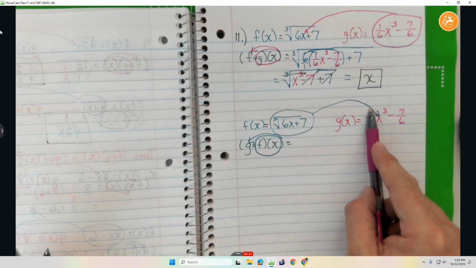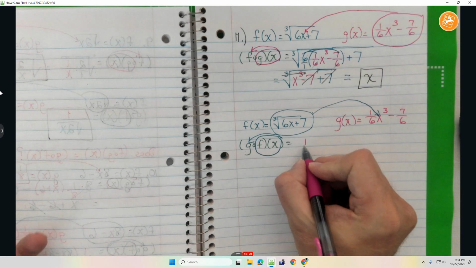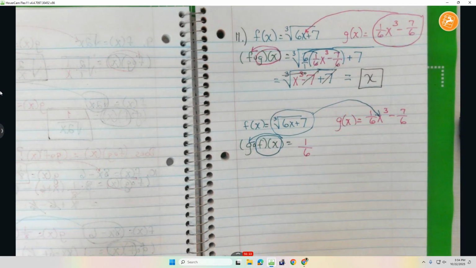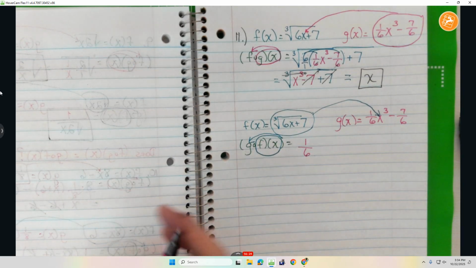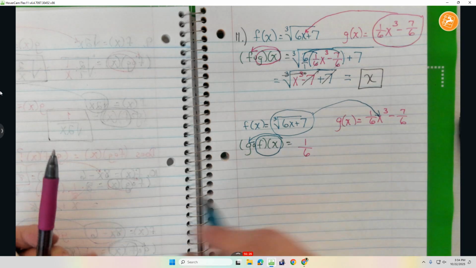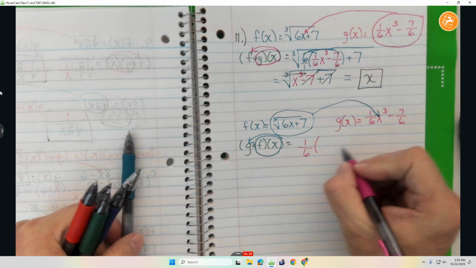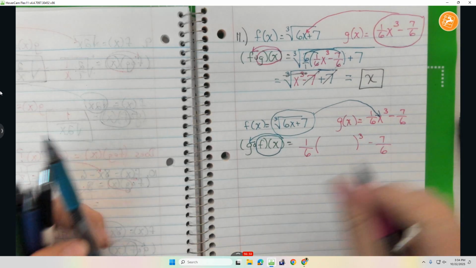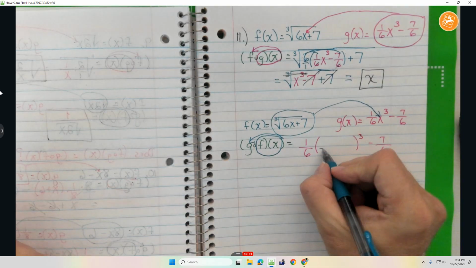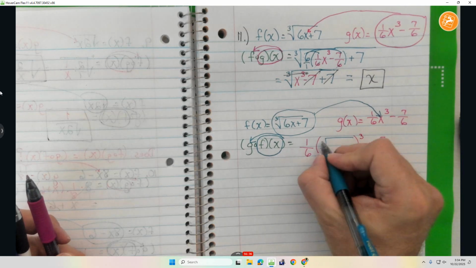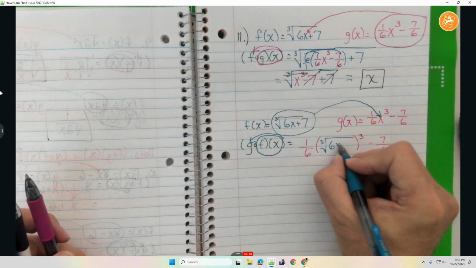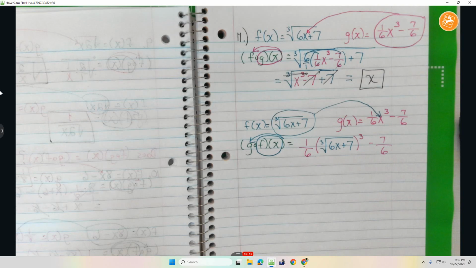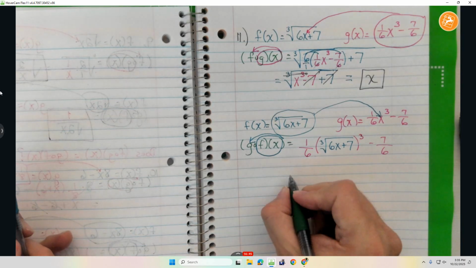So I'll have the pink 1/6, then I guess I'll do it like this. Is that what you would do, Jim? Cube root of 6x plus 7.